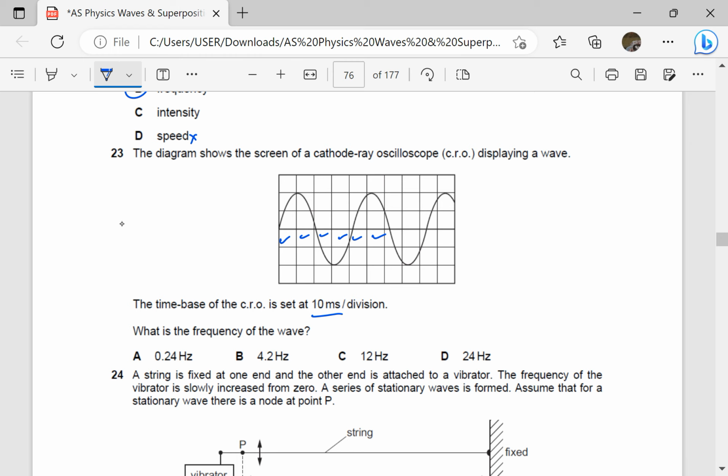I'm looking for one cycle. 7, 8, 9, 10. It is hard to use 10. Let me check again. I want very clear points where I can tell the distance representing one cycle. Let me look very keenly.